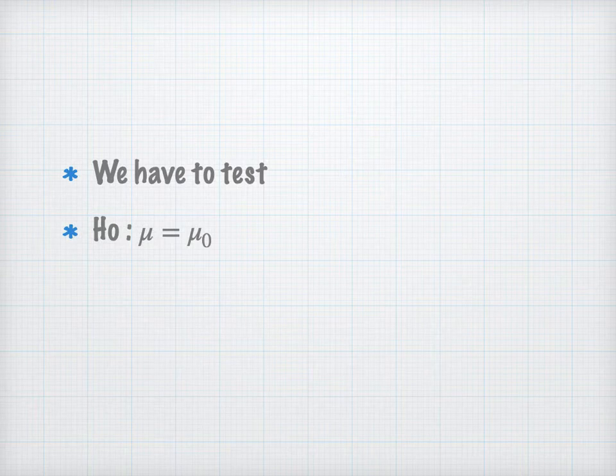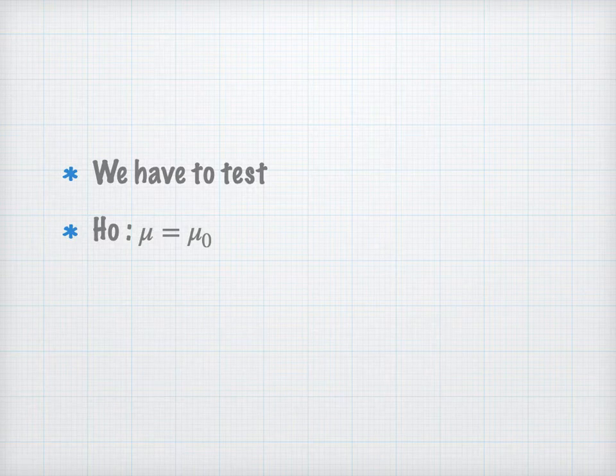Here the null hypothesis is that mu is equal to mu naught. One alternative could be mu greater than mu naught. Another could be mu less than mu naught, or it could be mu not equal to mu naught.